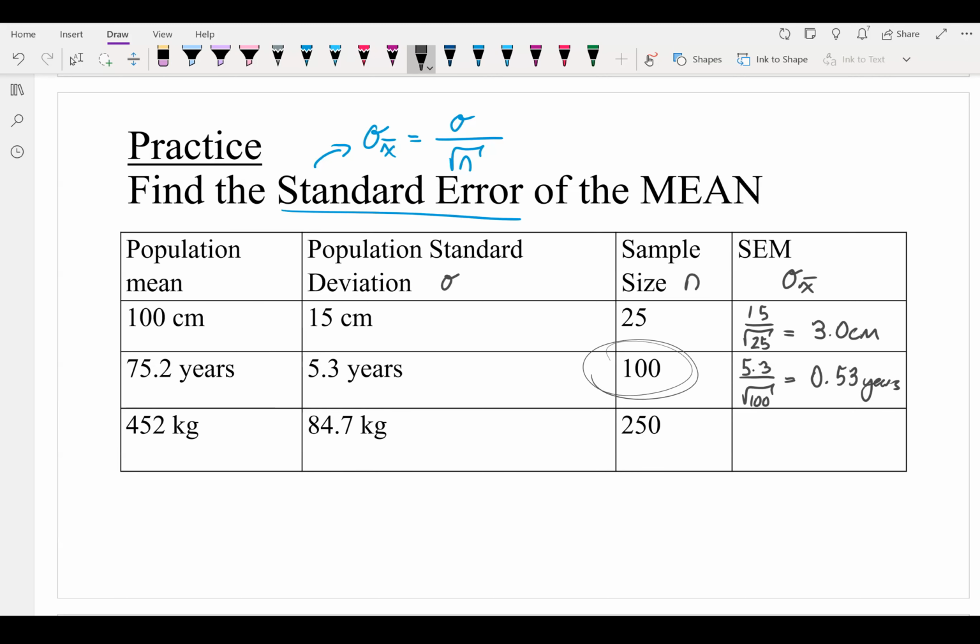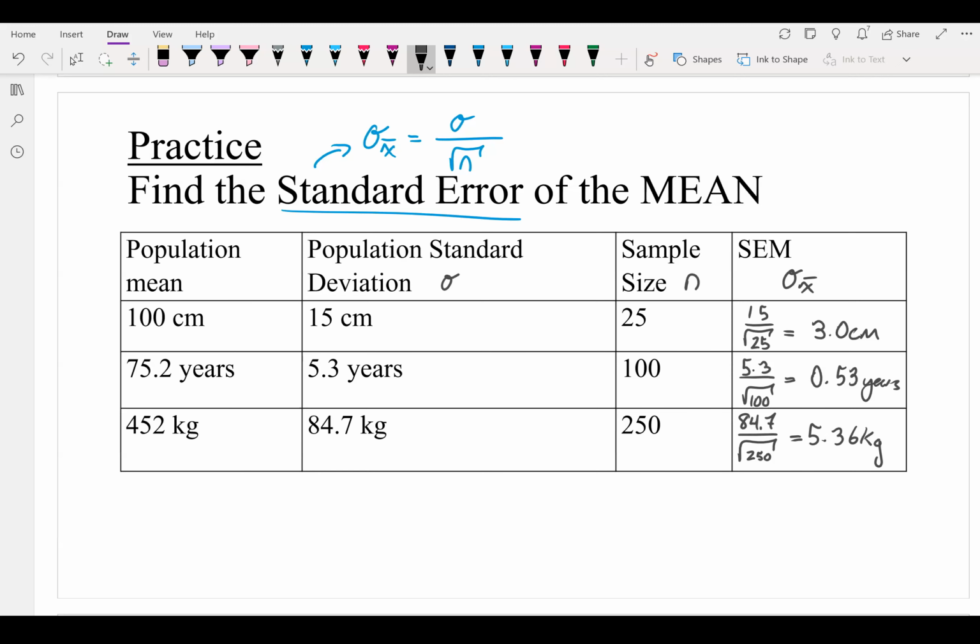We've picked 100 people's lifetimes for each group that we've sampled. And then the error of measure is 0.53. And finally, in the last case, 84.7 divided by the root of 250. If we work that out, we'll get 5.36 kilograms.